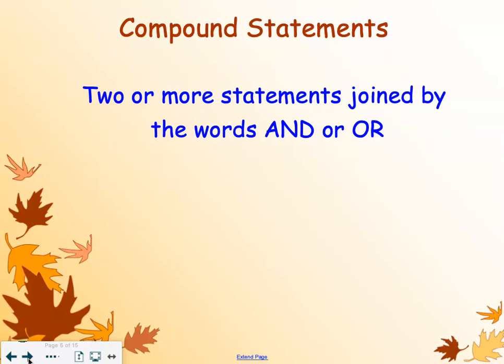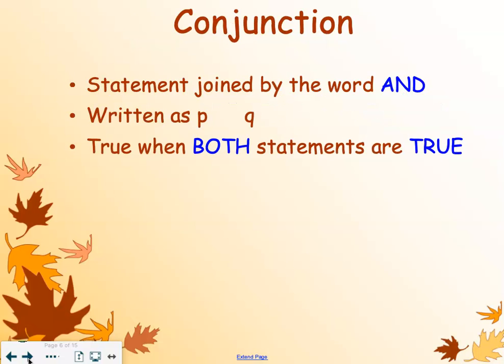If we use the word and to join our statements together, it's called a conjunction. And in symbols, that would be an upside down V. And these are true when both statements are true.